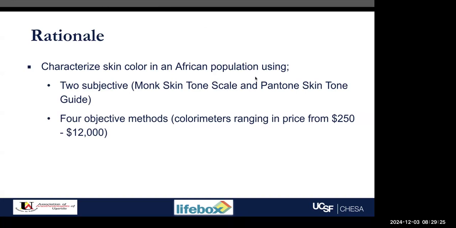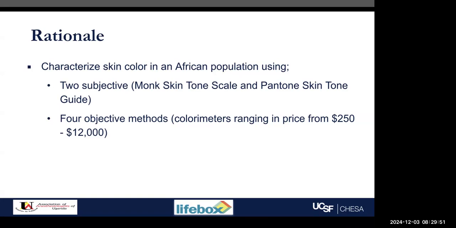In this study, we are looking at characterization of skin color in an African population, using no subjective scale. We're also using 4 objective methods, which we shall see shortly, and some have already been highlighted in the data presented by Mike.